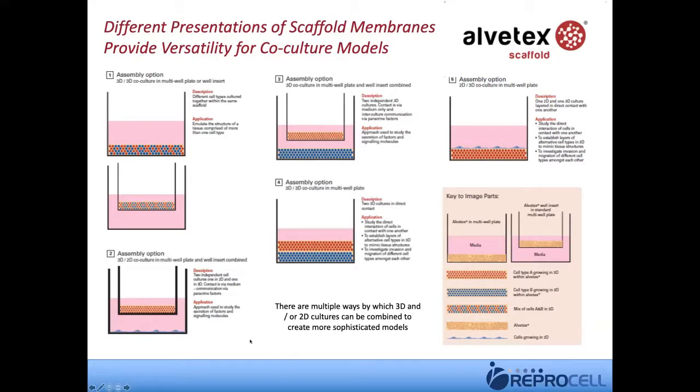You could also have the situation in a well insert, or, as shown in assembly option 2, a well insert in 3D with a 2D monolayer of cells, and you could study paracrine signaling between those 2 populations. You could do the same thing in 3D or in 3D in contact directly, which could also be beneficial for cell communication. And in assembly option 5, we've got 3D culture, and then we've seeded on top of that an additional cell population. These are just some examples of what can be achieved using this technology.